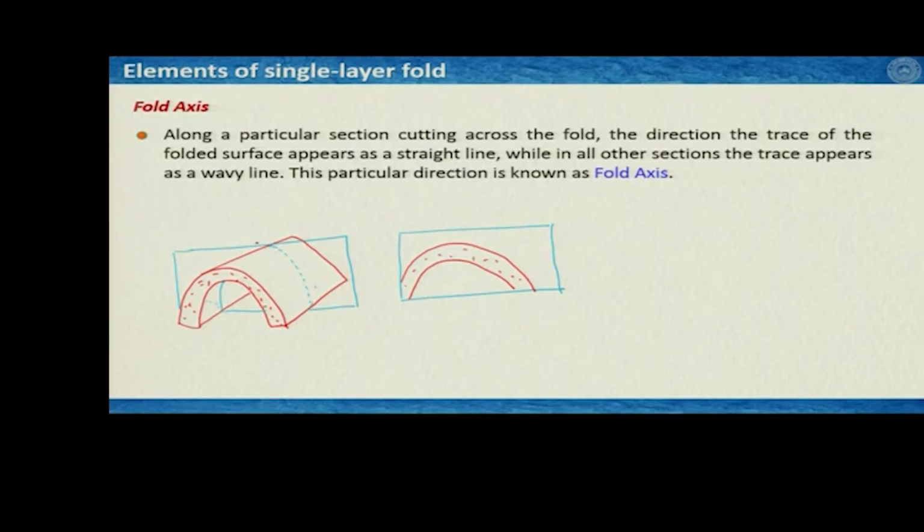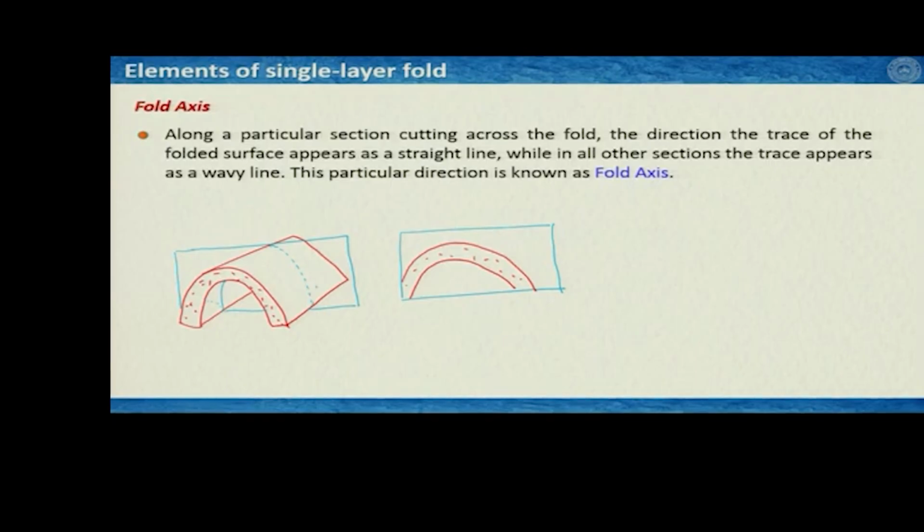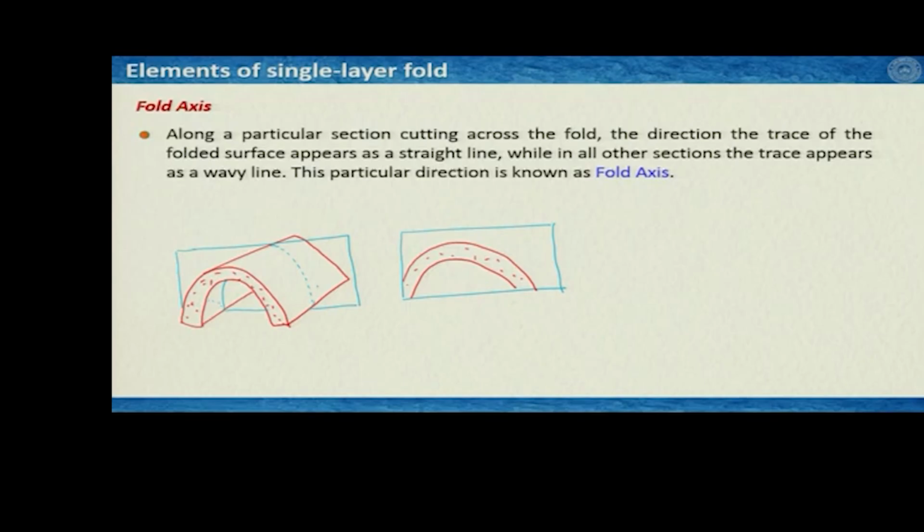I can also construct any other planes cutting across the folded surface, but on each and every plane we will always see that the trace of this folded surface would be curved.